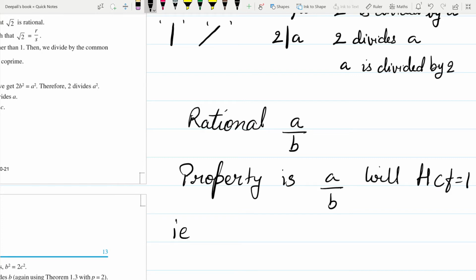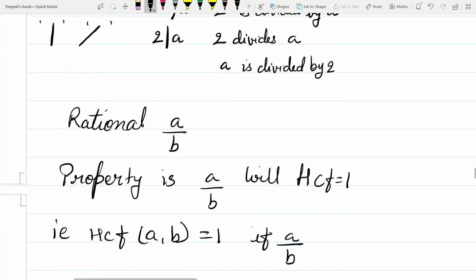That is, HCF of a and b will be equal to 1 if a upon b is a rational number.